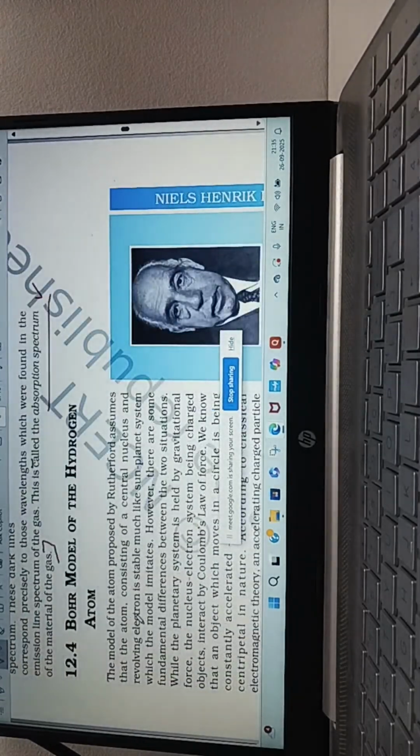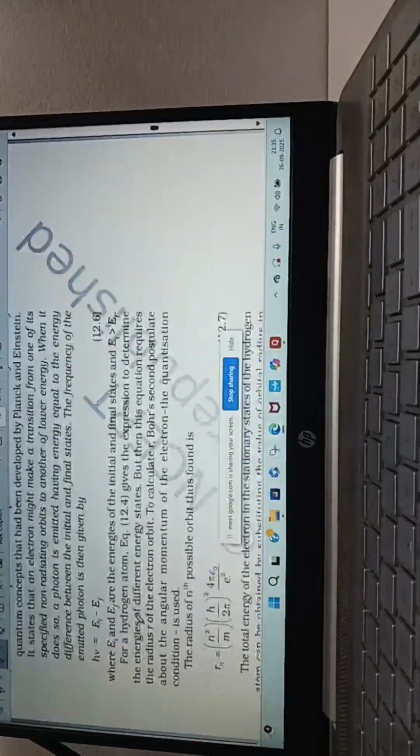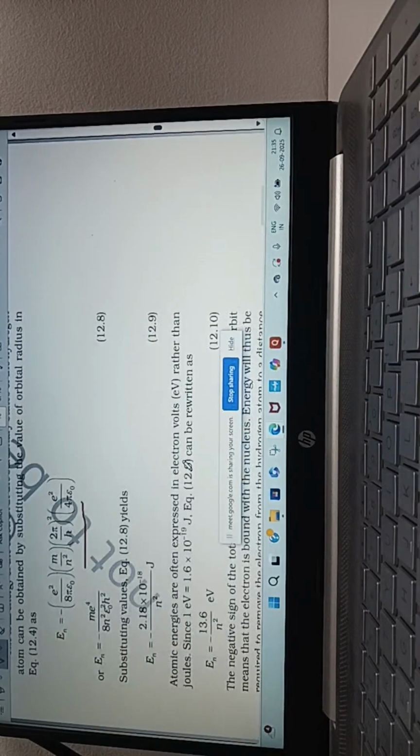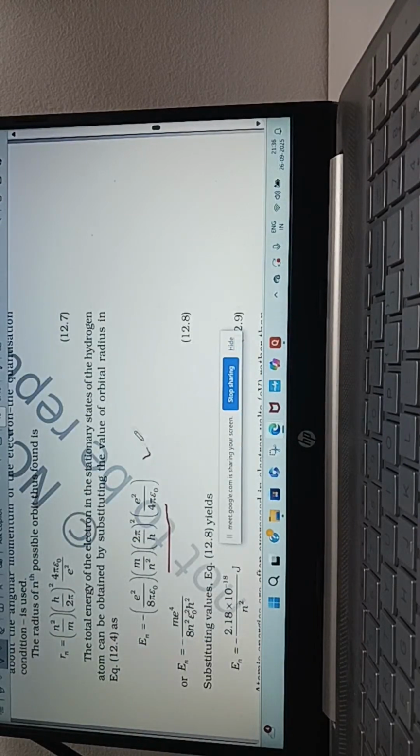Show me now. Then I will start the Bohr atomic model. It is a very big thing for us. See how difficult the derivation is. So many points are there, 1, 2, 3, 4, 5, 6. It is simply done in a textbook. Children will struggle. Nobody will teach this derivation on the board; they will say read from the textbook.